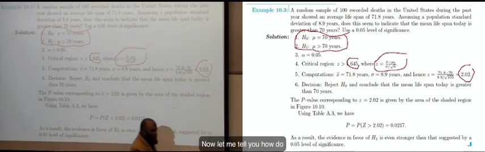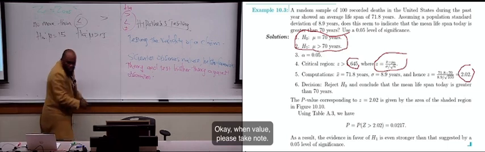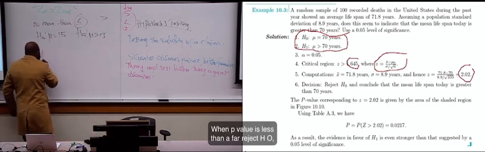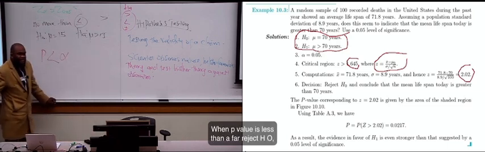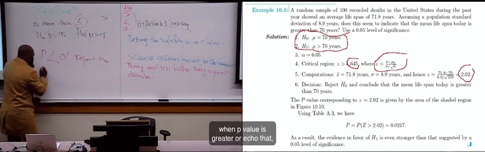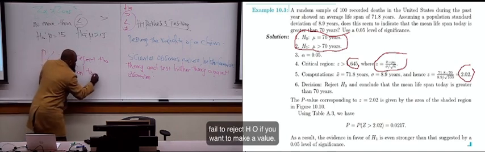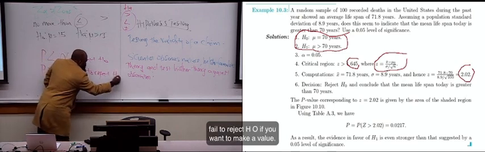Now, let me tell you, how do we use the p-value to take a decision? When the p-value, please take note, is less than alpha, reject H0. When the p-value is greater or equal to that, fail to reject H0.